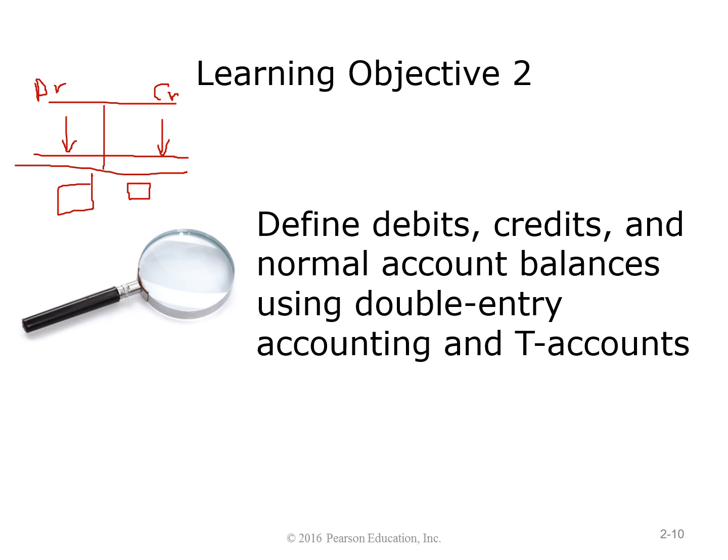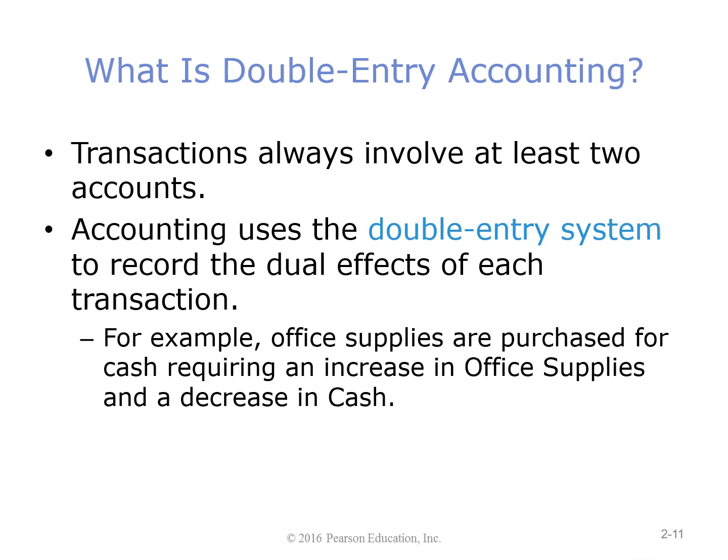Define debit, credit, and normal account balance using double entry accounting and T account, and this is the objective. In accounting we use something we call the double entry system, to record the effect that we experienced in chapter 1 through debit and credit side.